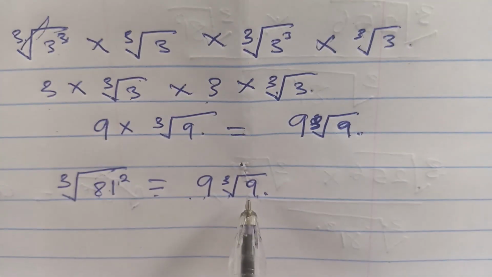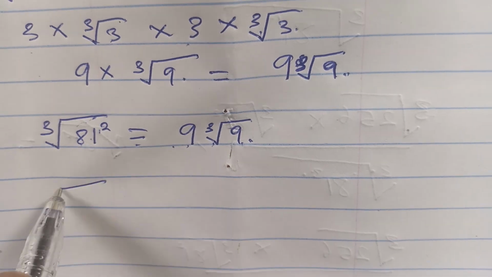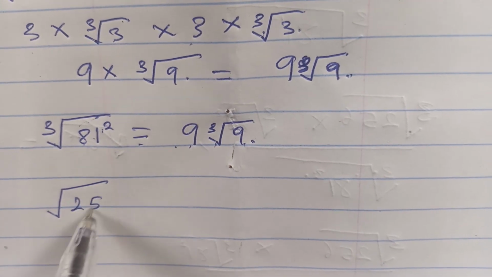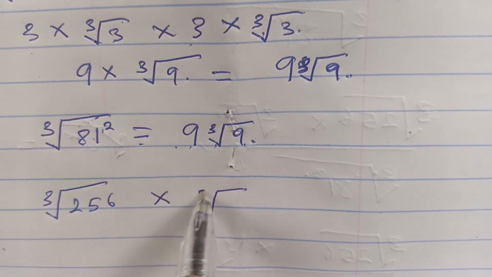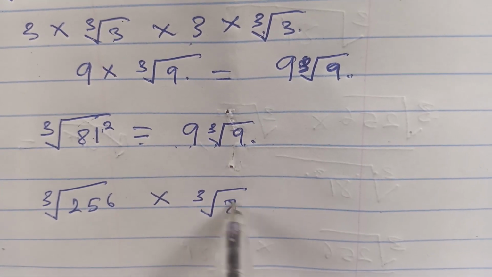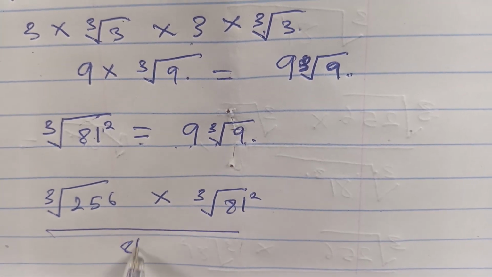Okay, so we've done this. Recall our main problem: we have the cube root of 256 times the cube root of 81 to the power of 2, over 81.